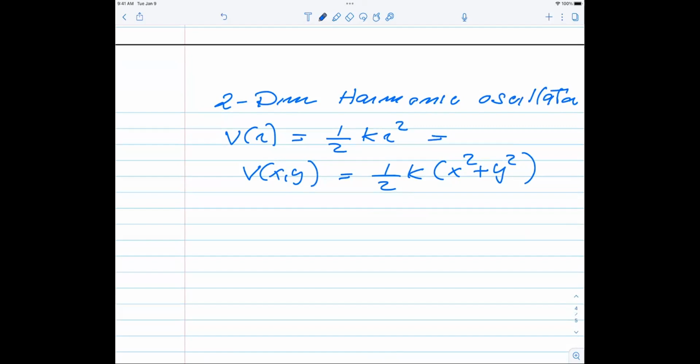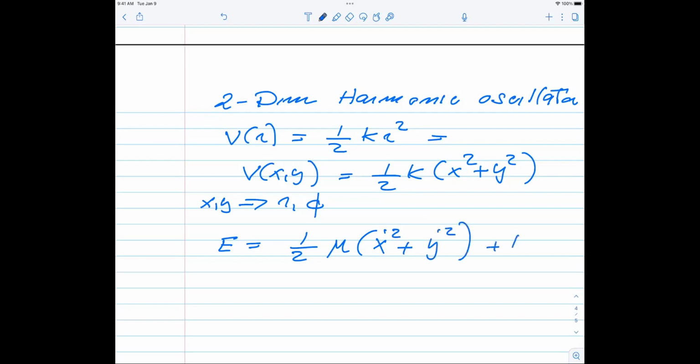If we now make the transformation from x and y to r and phi, we can rewrite the total energy of the system. We would have 1/2 m. Let's use the reduced mass here so that we don't make a confusion from now on. So I would have 1/2 mu times the velocity in the x direction squared plus the velocity in the y direction squared, plus 1/2 of k times x squared plus y squared.